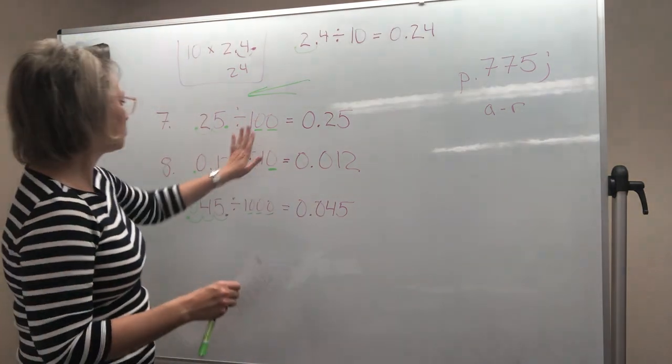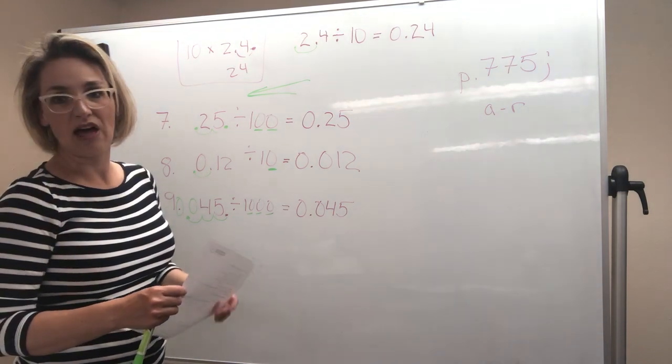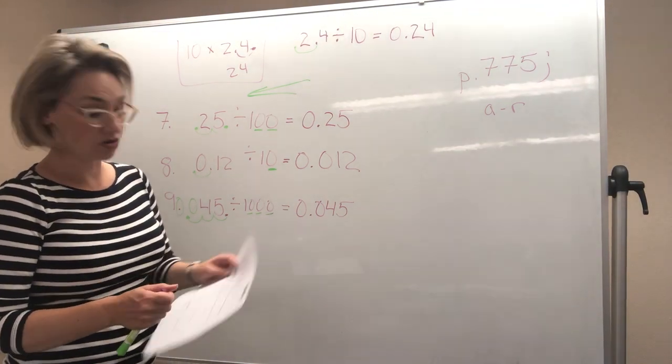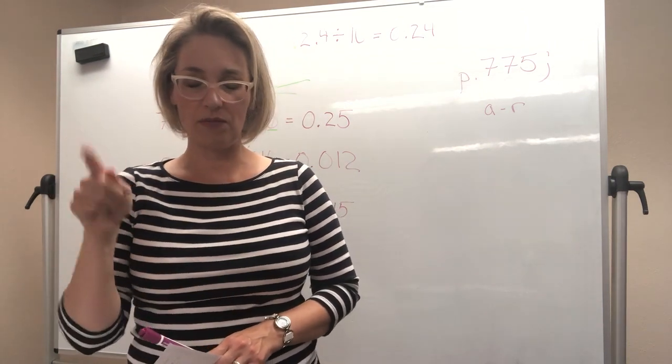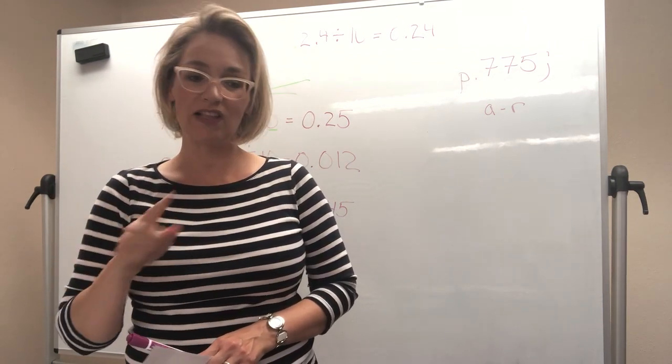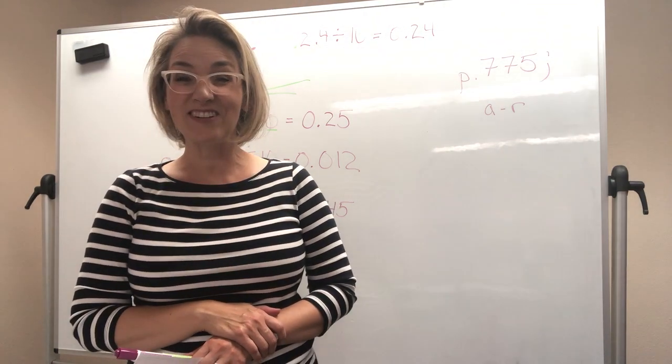You do not have to write this part out. You can just write an answer for me, and we're good with that because it says to do it mentally. So you're just going to think about how many spots do I need to move that decimal over to the left, and write the answer with a decimal, move that many places over, okay?